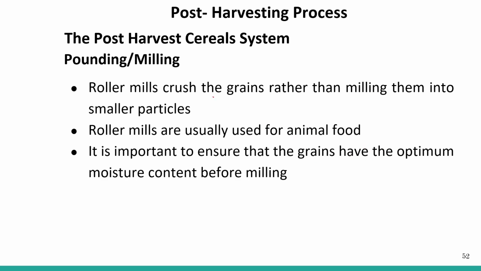Roller mills crush the grains rather than milling them into small particles. So there is crushing of the grains in the case of roller mills. Roller mills are usually used for animal food. It is important to ensure that grains have the optimum moisture content before milling. So it is very, very important.